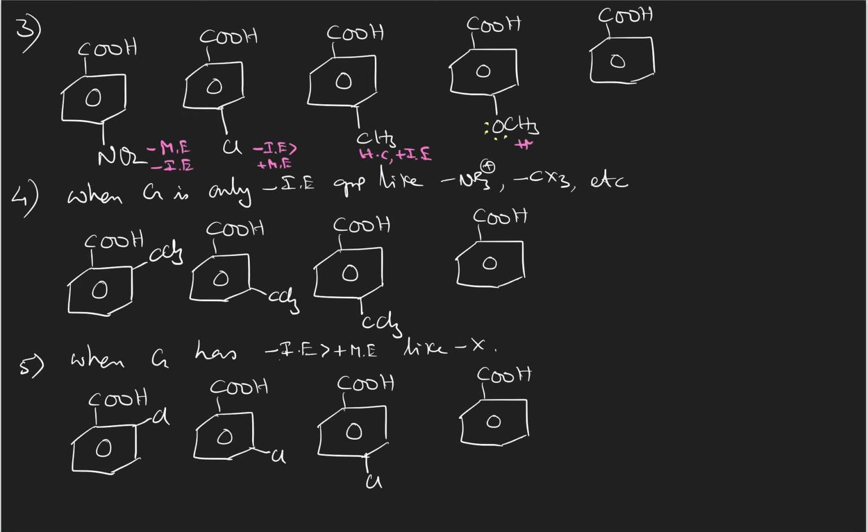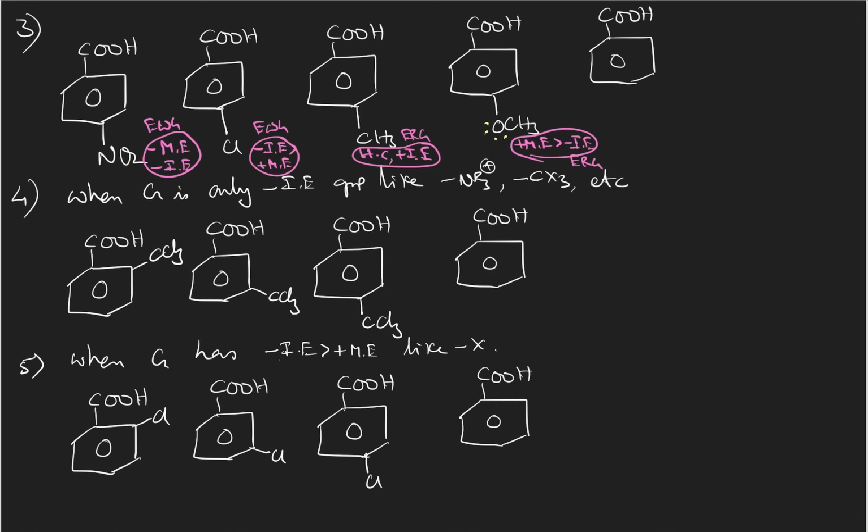And here it is a positive mesomeric effect greater than negative inductive effect. So overall, as I have told you, this is EWG, this is also EWG, this is ERG, this is also ERG.